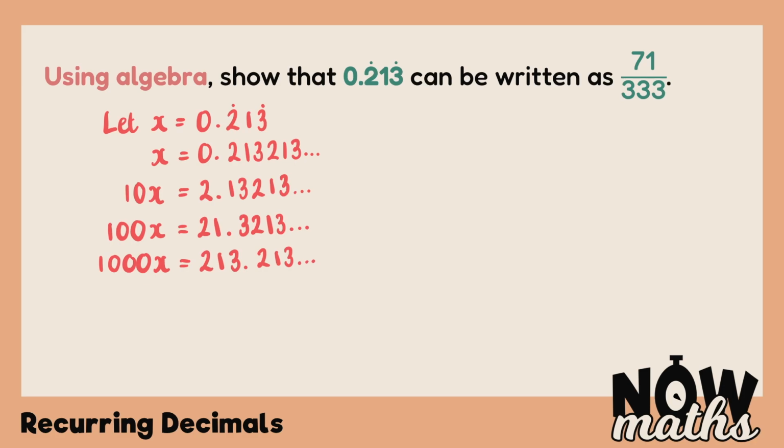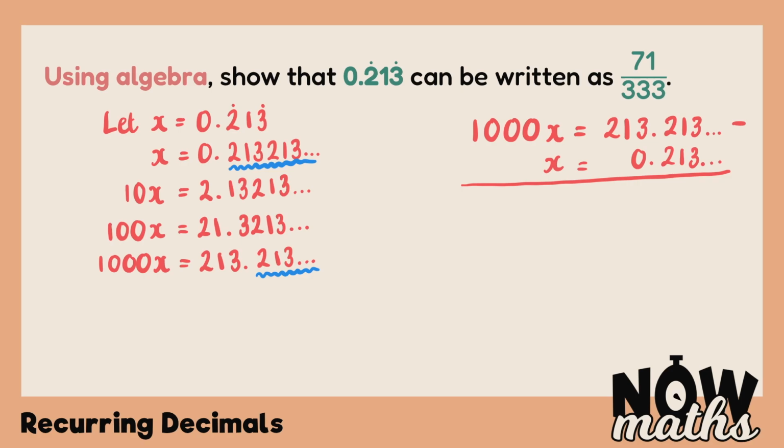Now if we look again at the decimals, we can see that we have two that match perfectly after the decimal point. So the first decimal, 0.213 recurring, matches perfectly after the point with 1000x, which was 213.213 recurring. So we're going to subtract one decimal from the other in order to eliminate the recurring part.